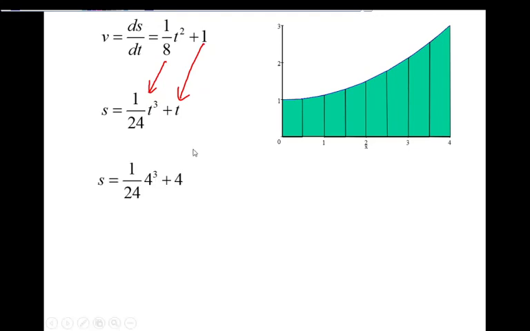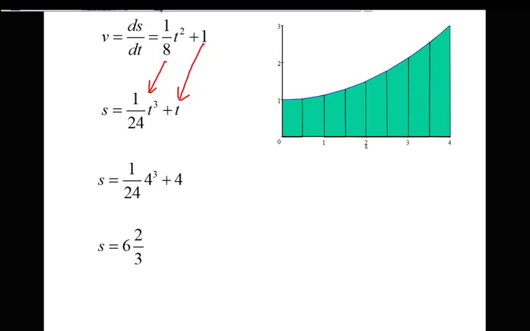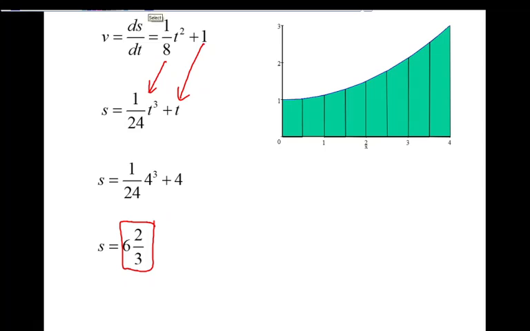So we plug in 4, and we find our distance is 6 2/3. This is the example that we started with when we started rectangular approximation, and I told you the answer was 6.66 repeating.